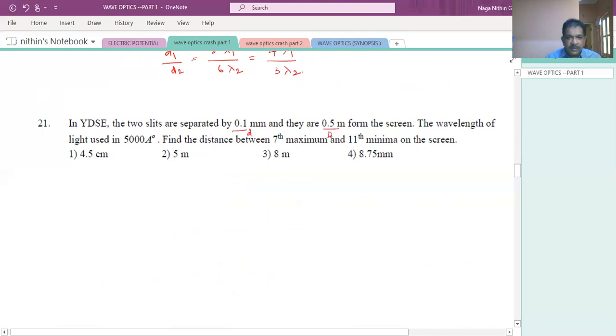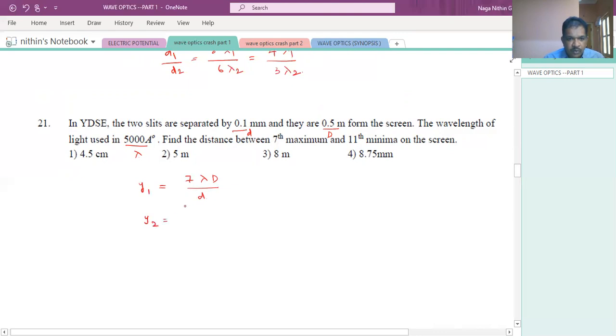This will be capital D. This is the wavelength of the light used. Distance between the 7th maximum and the 11th minimum on the screen. So Y1 is equal to the 7th maximum, 7 lambda capital D by small d.